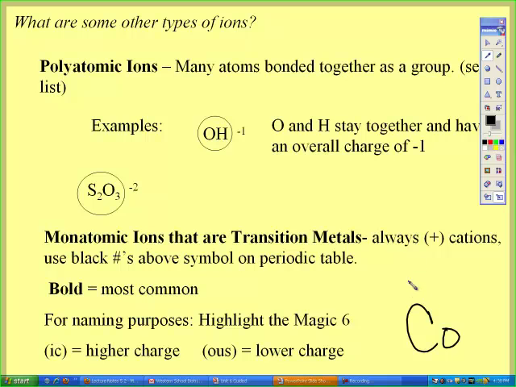I don't have this memorized off the top of my head, but I think you could have a cobalt 2 and maybe a cobalt 3. And so cobalt could vary in charge. It could be +2 or +3. But perhaps the 2 is a little bit bolded. So that means the most common is +2, but it could be +3.